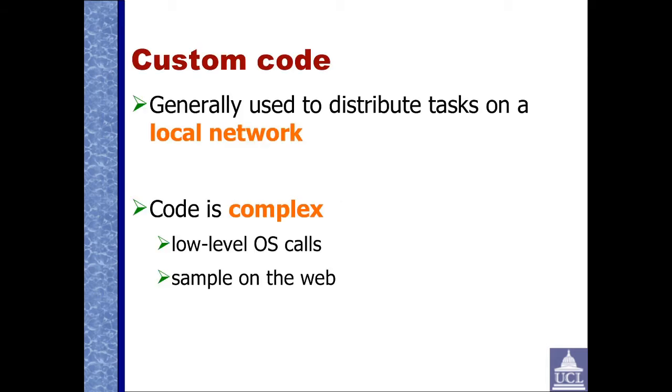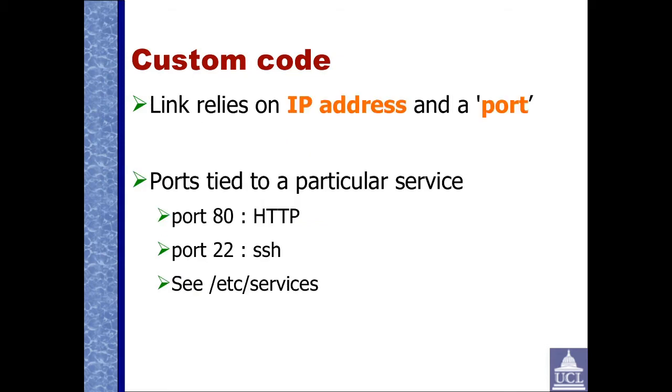As I said, this is generally used to distribute tasks on a local network. However, the code is largely quite complex. It requires low-level operating system calls. And again, I have put a sample on the web in case this is something that interests you.